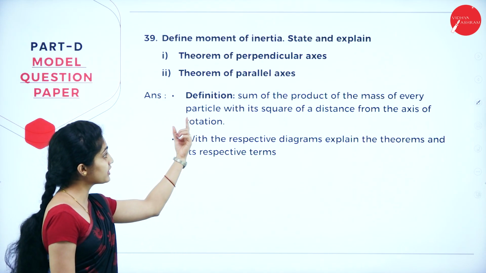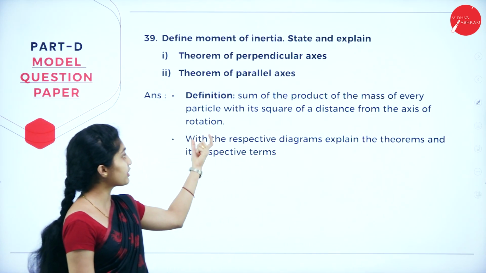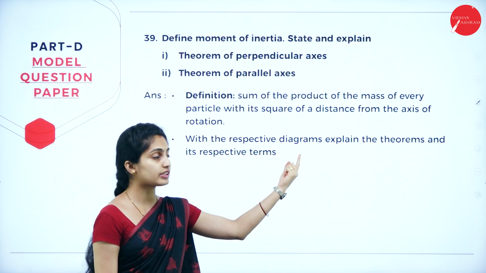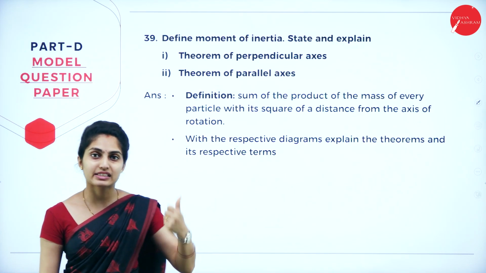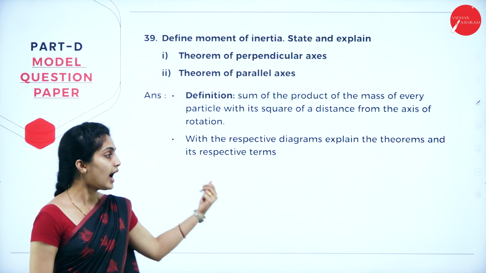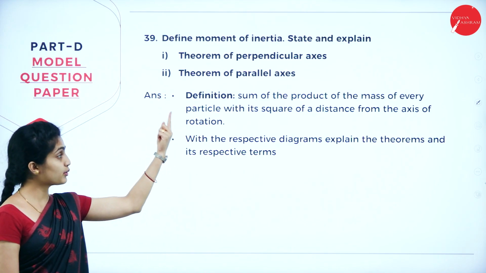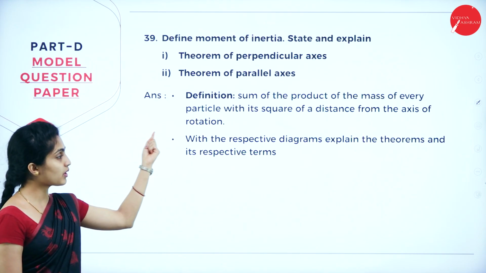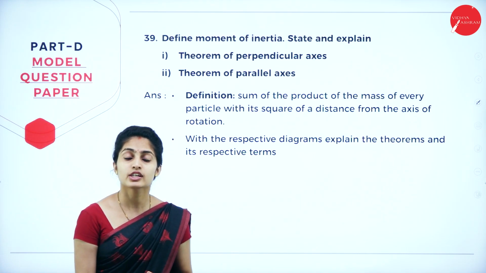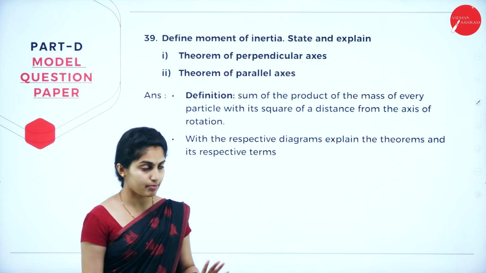So definition, sum of product of mass of every particle with square of its distance from the axis of rotation is its definition, which carries 1 mark, and rest of the marks like 2 marks goes for first, that is the theorem of perpendicular axis, and next 2 marks will go for theorem of parallel axis, which is totally of 5 marks, okay.